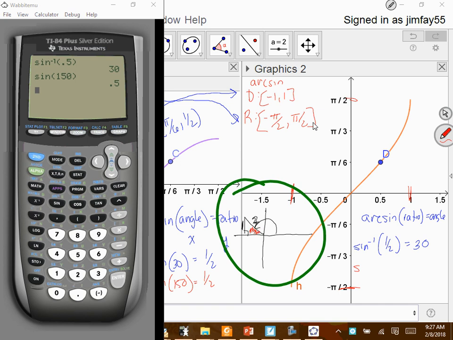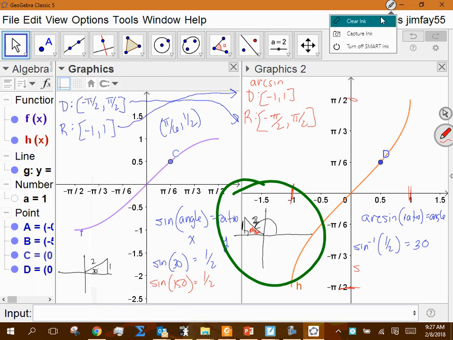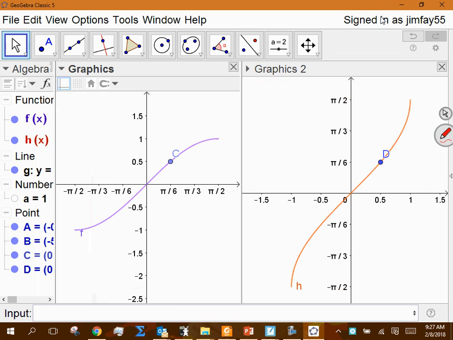I know that's a lot of stuff, and we're going to talk about that in a lot more detail later on. Manipulating it from here until then will provide you a lot more understanding.